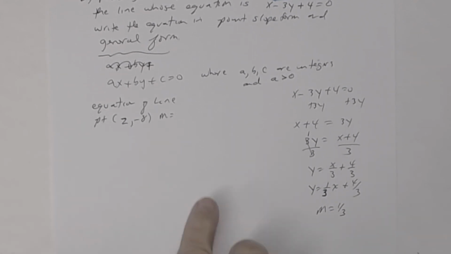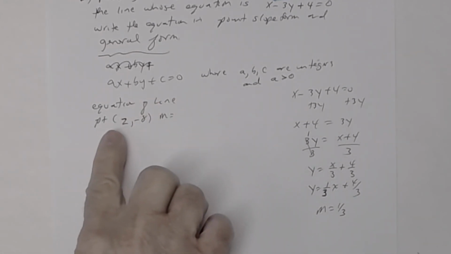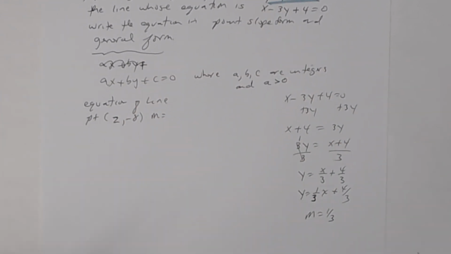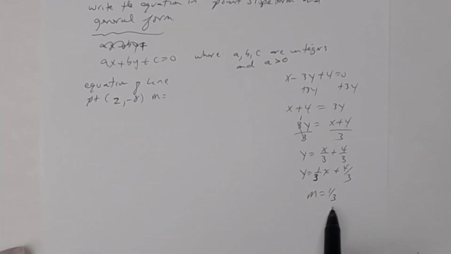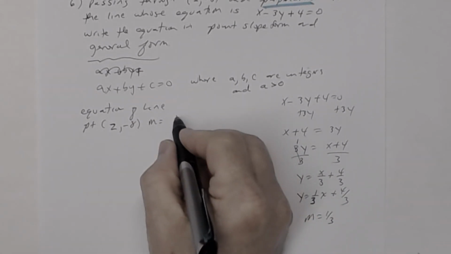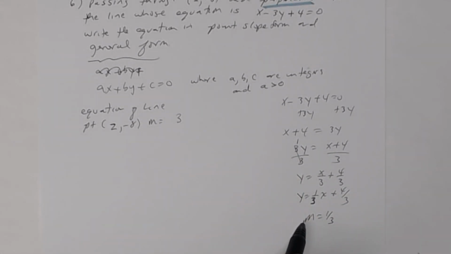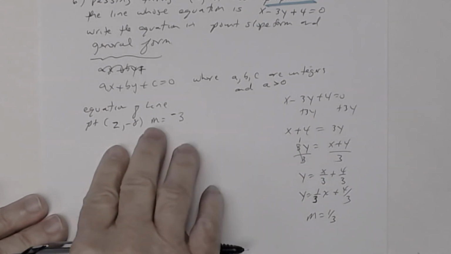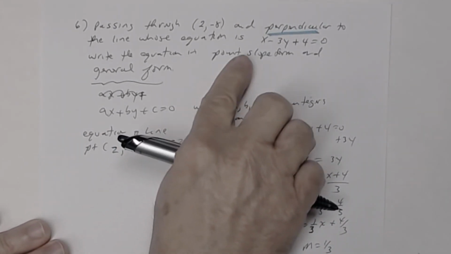So what's the slope of the line I'm interested in? Since they're perpendicular, it is the negative reciprocal. The reciprocal of 1/3 is 3, and I take the opposite sign. So if this is positive, this becomes negative. Once you get that, you're done in terms of the slope for point slope form.